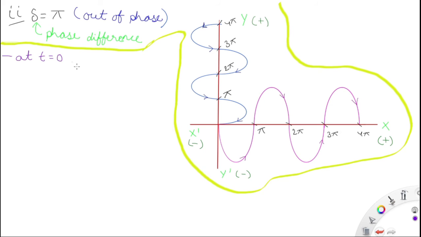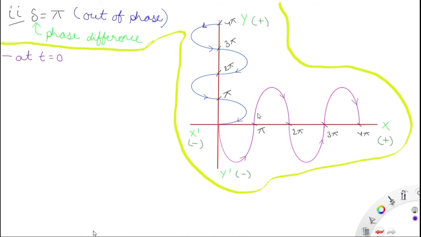They are out of phase, which means if one is positive, the other one is negative. So the phase difference is equal to pi, 180 degrees, so out of phase.